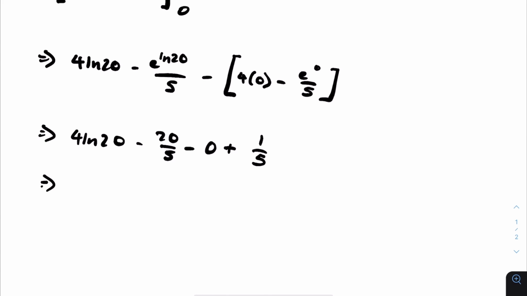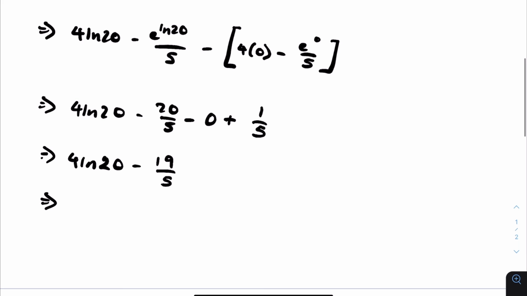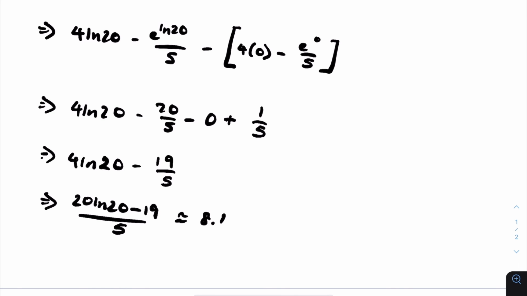So we get 4 ln 20 minus 19 over 5, which becomes 20 ln 20 minus 19 over 5 when put over a common denominator. If we put this in our calculator, 20 ln 20 minus 19 divided by 5 gives us roughly 8.1829 units squared. So that's our answer.